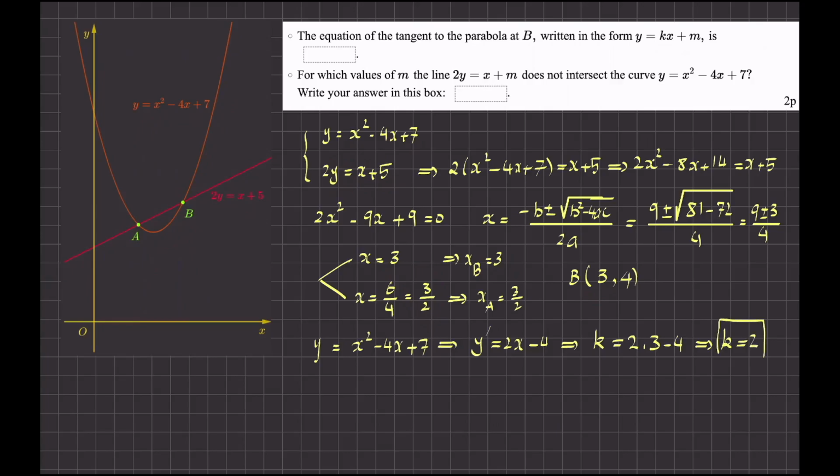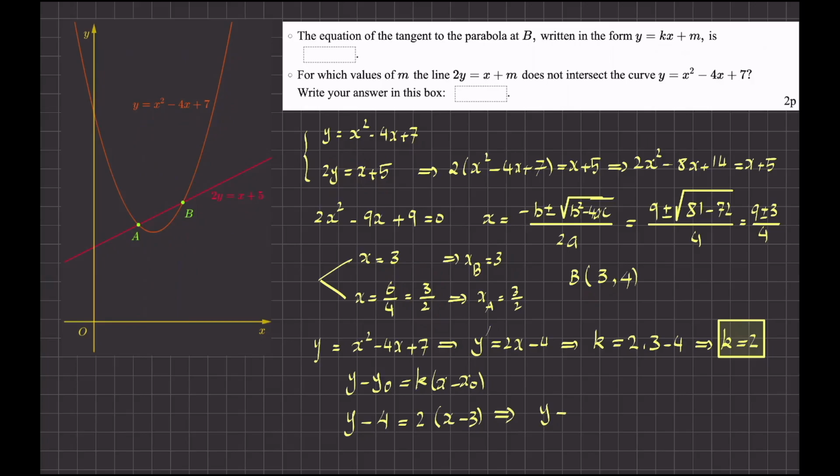Okay, so if you don't mind, let me use the formula y minus y naught equals k times x minus x naught. So y naught is the y coordinate of the point of tangency, 4, k we got to be 2, and then x naught is the x coordinate of the point of tangency, which is 3. So what I will do, I will actually simplify it.